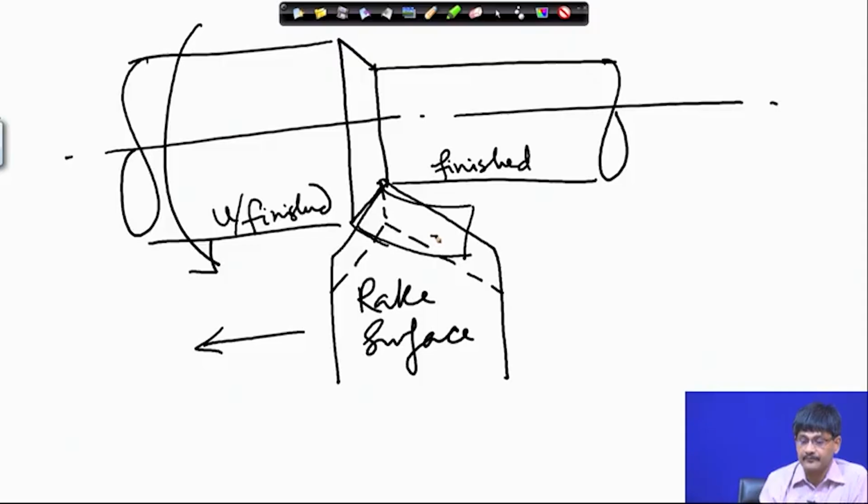Okay. And this is the principal flank. This one also we cannot see from the top, but it is facing the unfinished portion of the workpiece. So, this gives us those names, and as you can see, the principal cutting edge is this one. So, it is in contact with the workpiece and it is the main geometry element responsible for cutting of the metal.